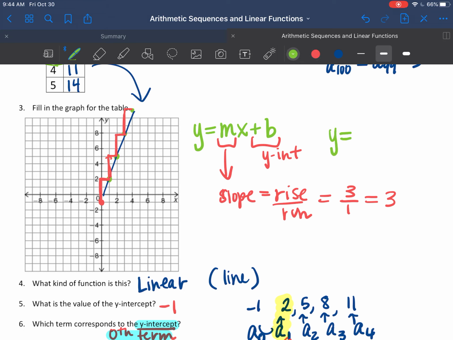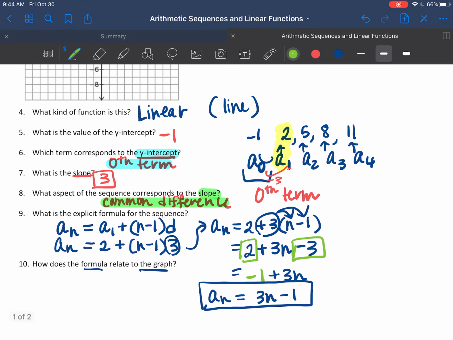And so we know that our slope was 3, our y-intercept was -1. And so the graph has the equation 3x minus 1 using slope-intercept form.